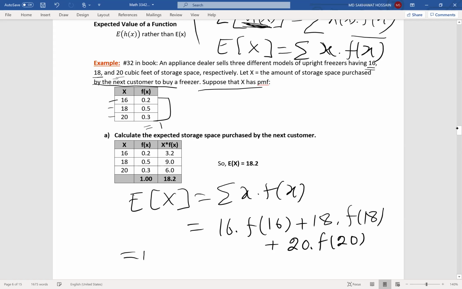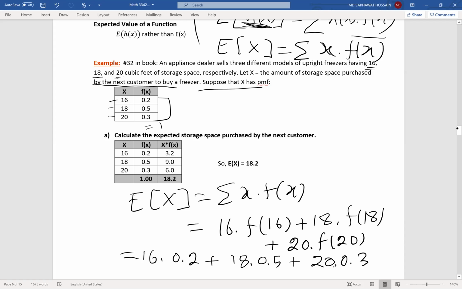So 16 times f of 16, which is 0.2, plus 18 times f of 18, which is 0.5, plus 20 times 0.3.